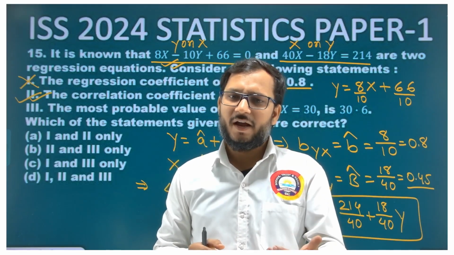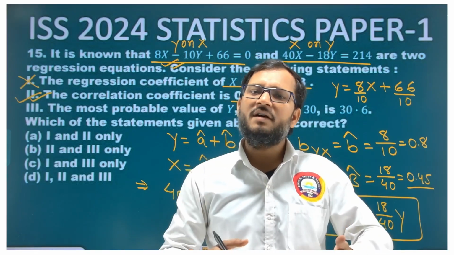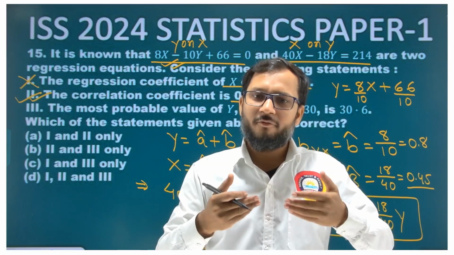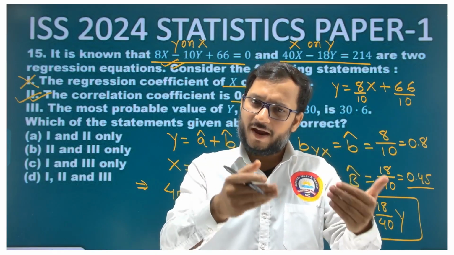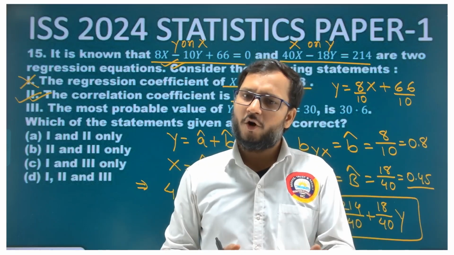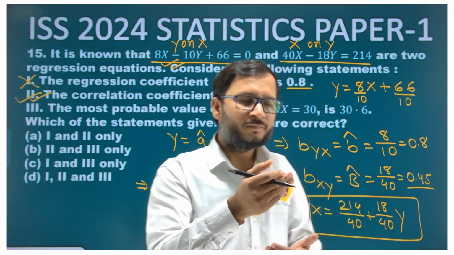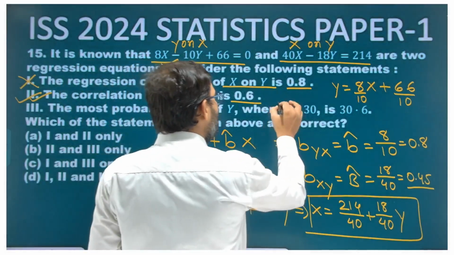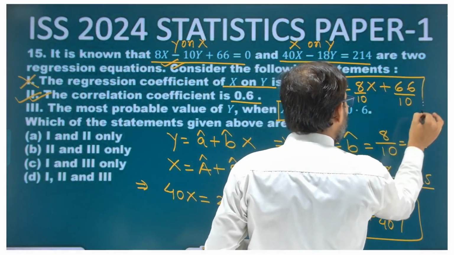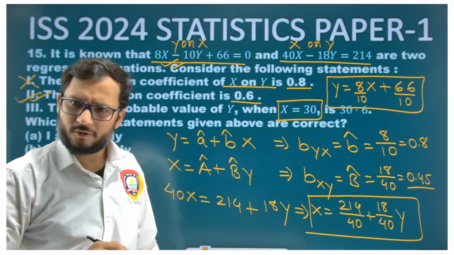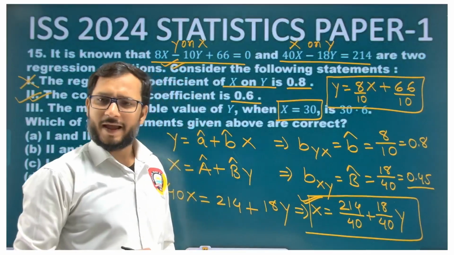By the best value or optimum value, it means that whatever fitted model we have, we find the value of y from that model for the given independent variable. Here x equal to 30 is given, and we already have the regression equation of y on x and the regression equation of x on y.